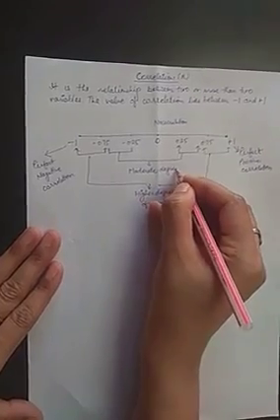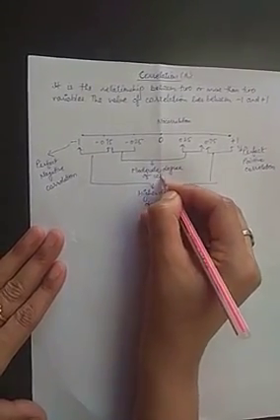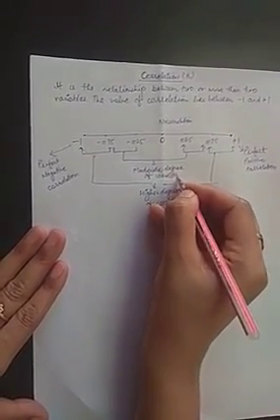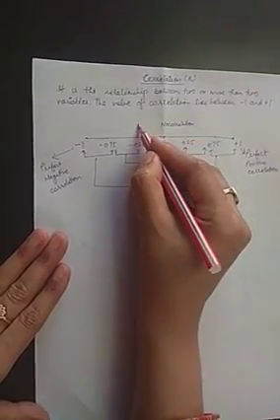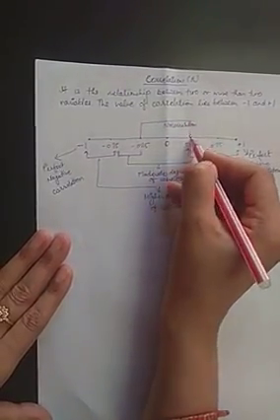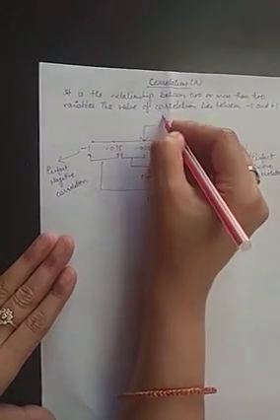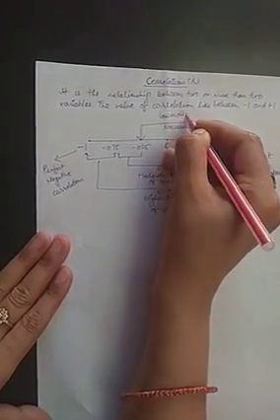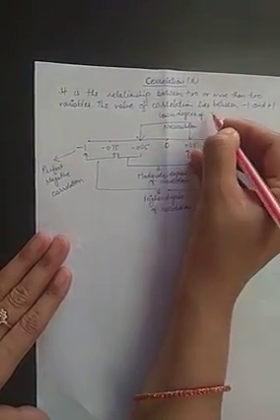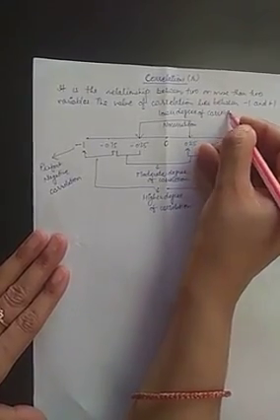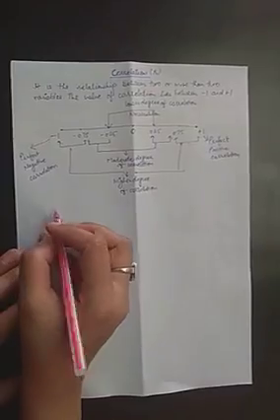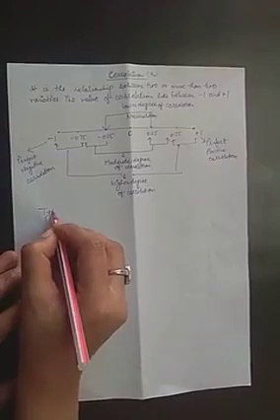Meaning correlation is there but not much. And if it is between -0.25 to +0.25, there is a lower, very low, degree of correlation. All right, we'll understand the types of correlation.